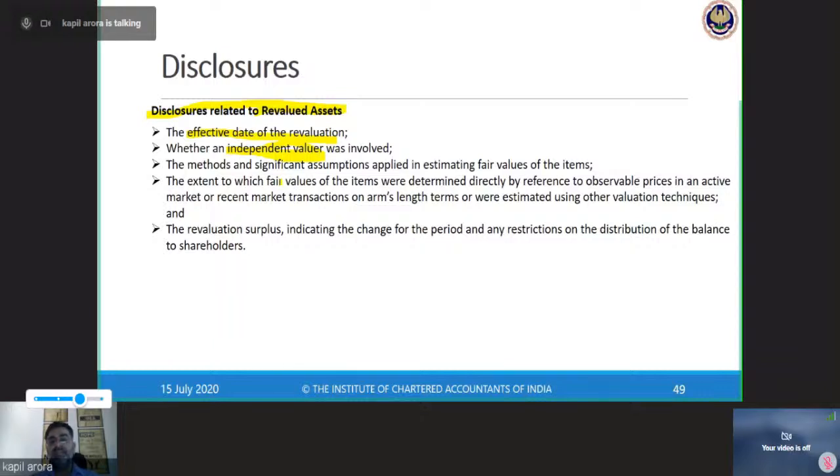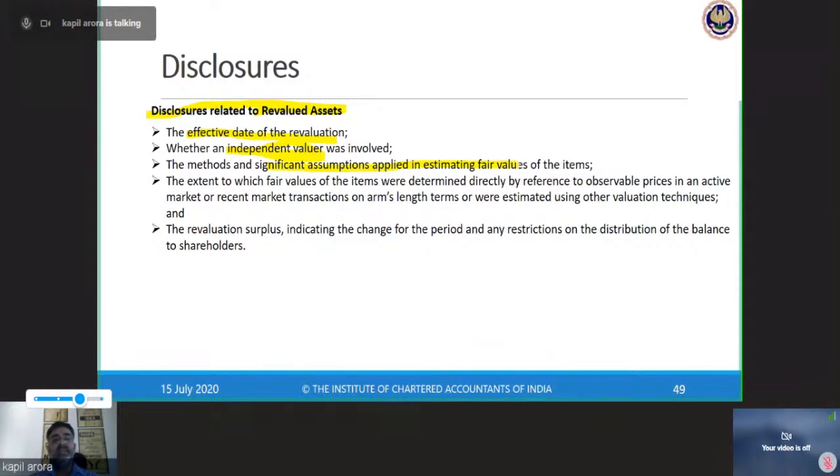What were the methods and significant assumptions applied in estimating the fair value, means how the valuer has derived the fair value, whether it is market linked fair value, for example, in real estate, circle rate could be the base.